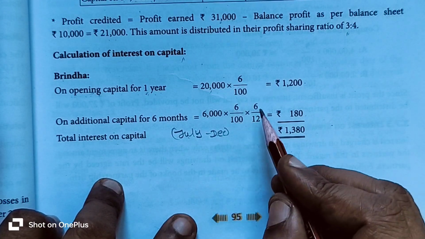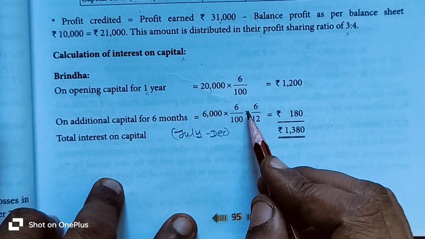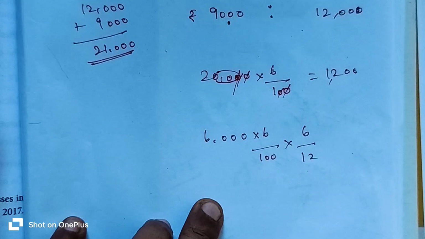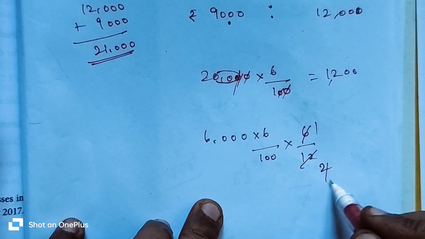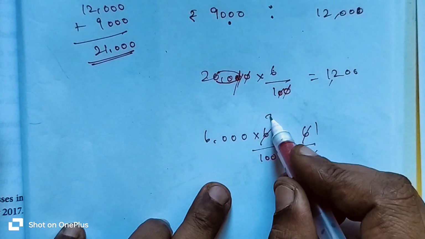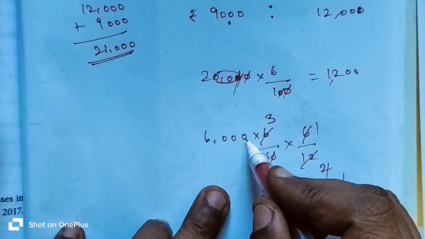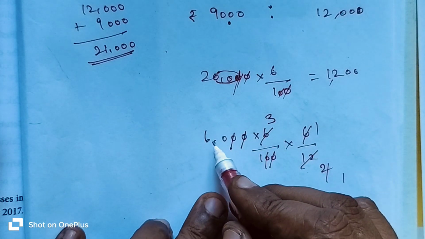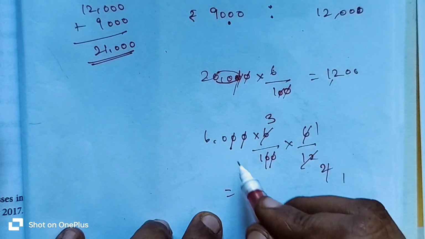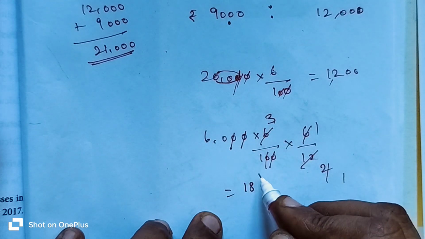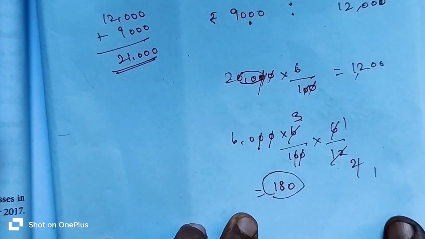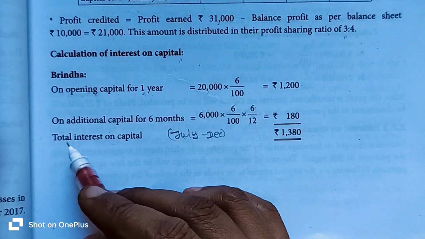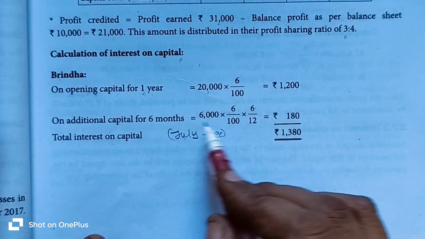Now you have to cancel it. Listen, 6,000 into 6 by 100 into 6 by 12, 2 6s are 12, 1 2 is 2, 3 2s are 6, this 20 is cancelled, remaining 60 into 3, 6 3s are 18, with this 0, totally 180 rupees. So interest on additional capital is 180 rupees.